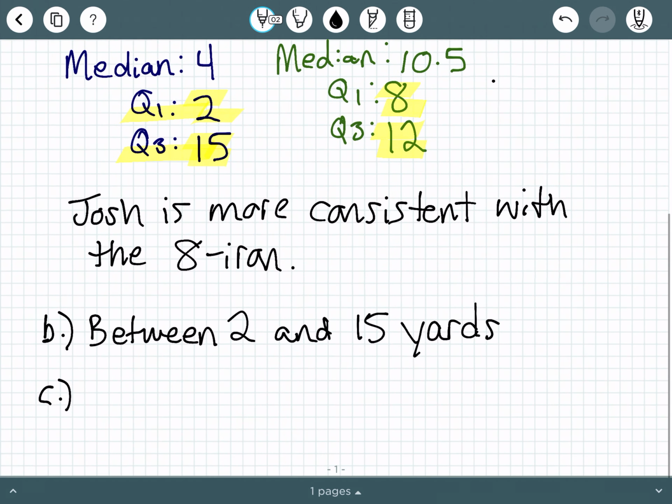So it really depends, for Josh, what is more important, possibly getting it closer to the hole or consistency in your distances when you hit. So really it just depends. The 8-iron is more consistent.